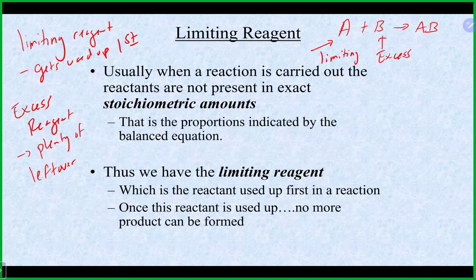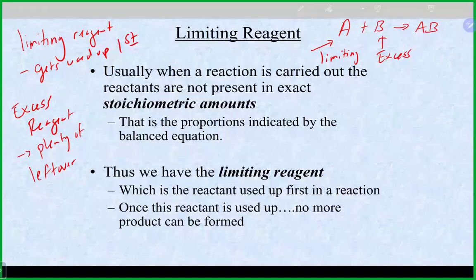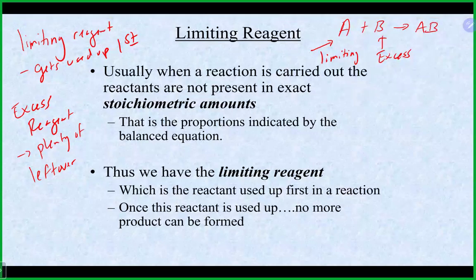Now, because in this particular case A is our limiting reagent, that means at some point, as we're making our product, which is A and B together, we are going to use up all of our A.